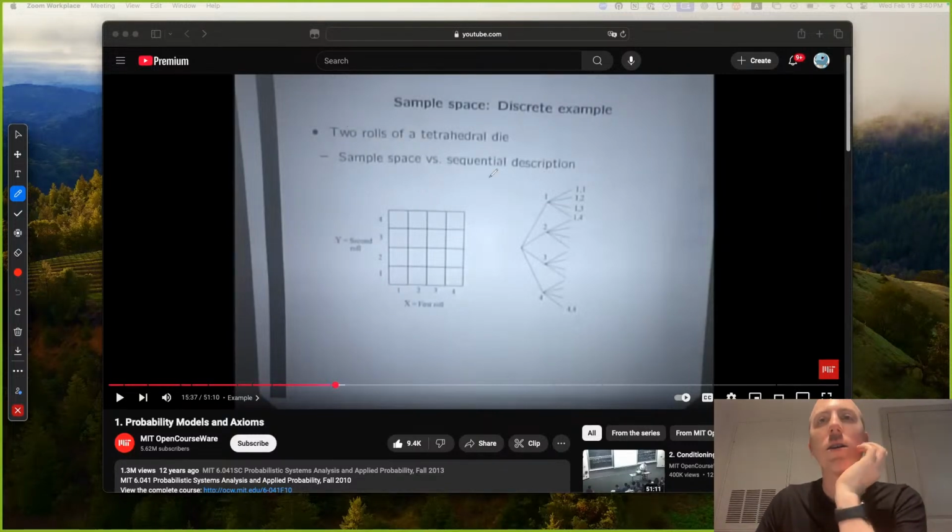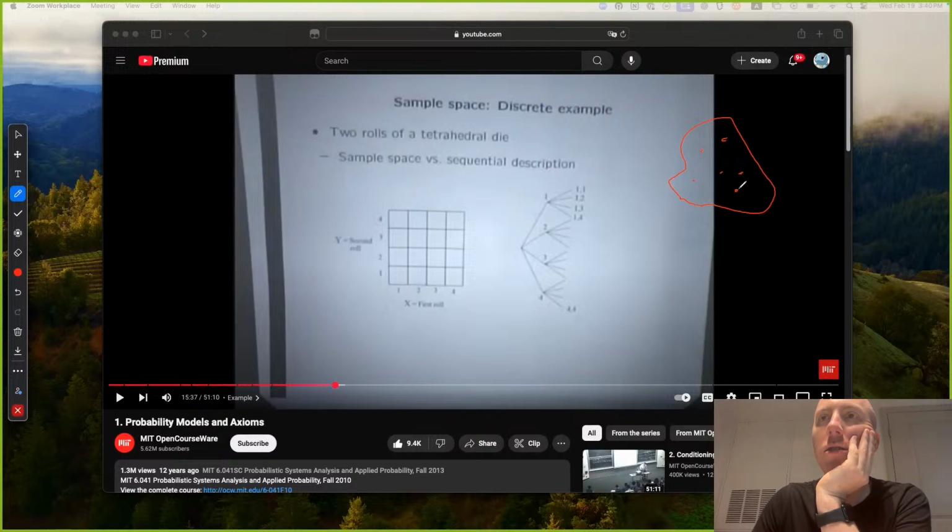So these are just different ways to draw a sample space. Remember, a sample space is a set of outcomes. So here's an outcome, here's an outcome, here's an outcome, here's an outcome. This is a general way to draw a sample space. This is a more structured way to draw a sample space, where this is an outcome, this is an outcome, this is an outcome.